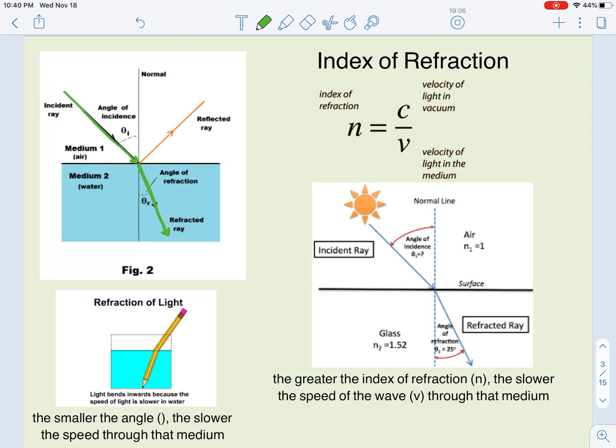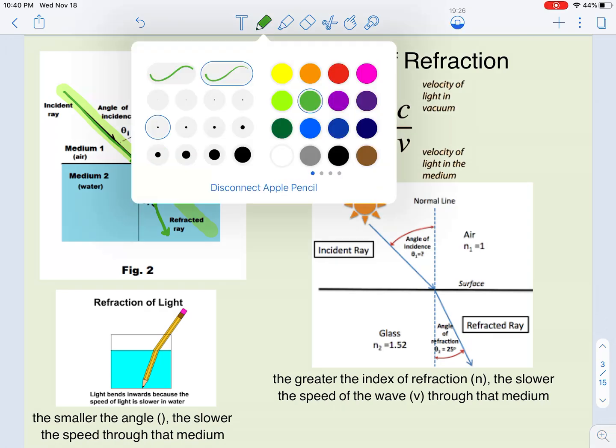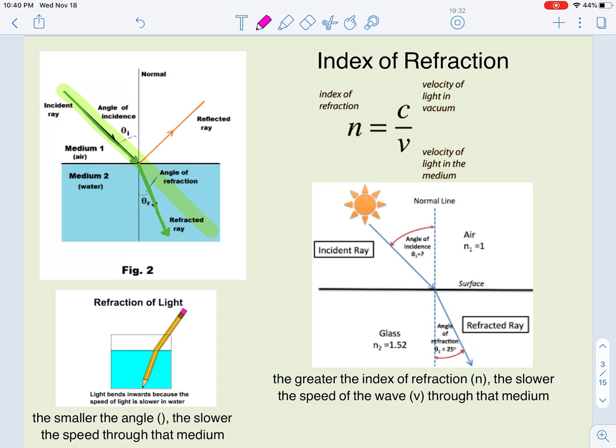So it is going to change the speed. Now, how is that speed going to change? How are we supposed to know how the path changes? Well, we are going to understand that the original path of the light should have been here with my highlighted green line. But the actual path of light doesn't follow that line.